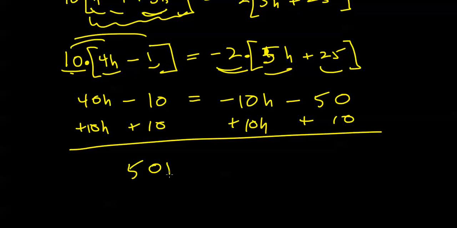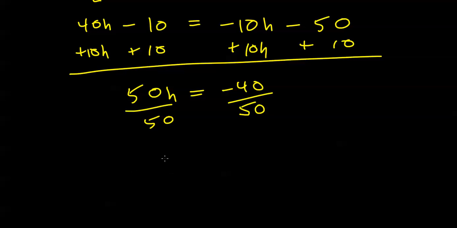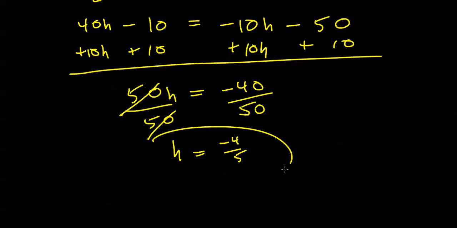So I end up with 50h equals minus 40. Dividing both sides by 50, the 50s cancel out here on the left. I get h equals, and of course minus 40 over 50 reduces to minus 4/5.